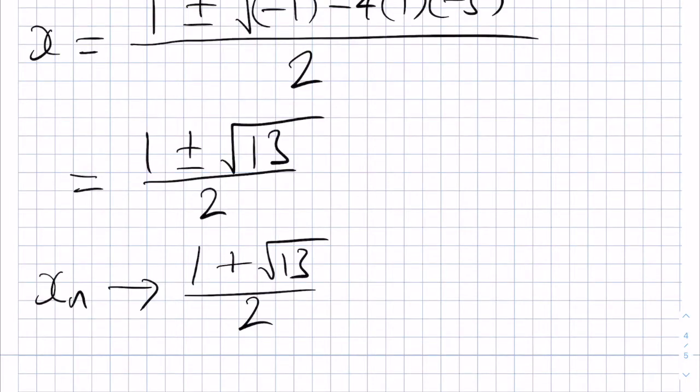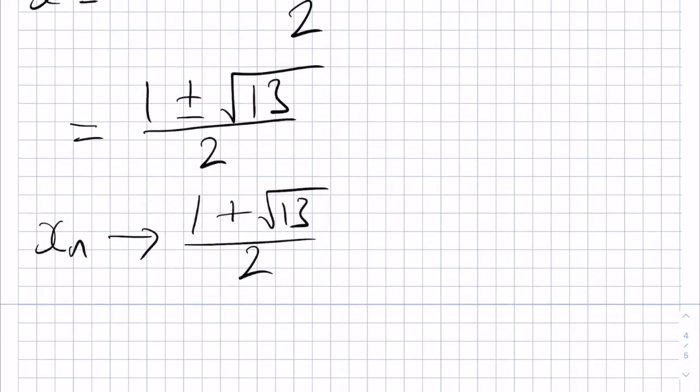Now, if we want to demonstrate that this sequence actually converges to this limit, then we need to do more work. All we've done so far is find the value of x such that if this sequence converges, then the sequence must converge to this particular value of x. But this is conditional on the fact that the sequence converges.